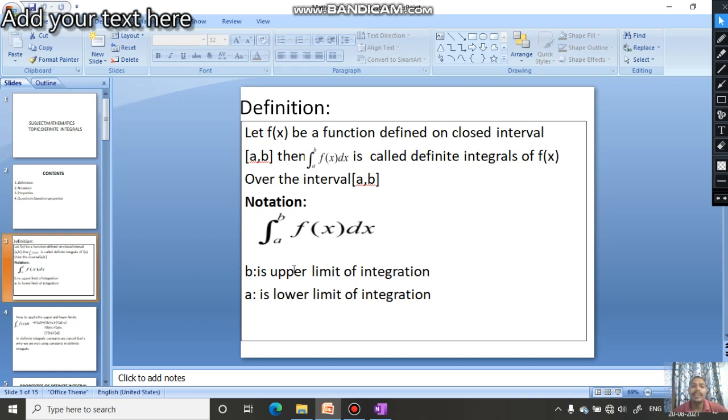Notation is a to b, f of x d of x. B is the upper limit of integration and A is the lower limit of integration. Then we are going to the properties.